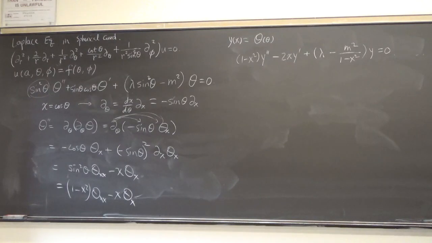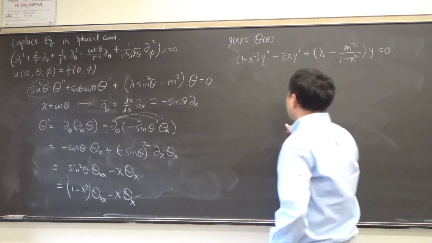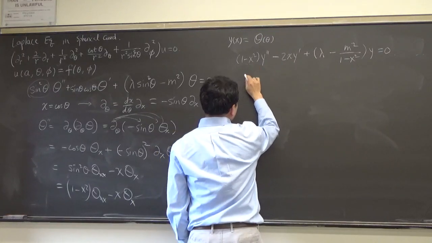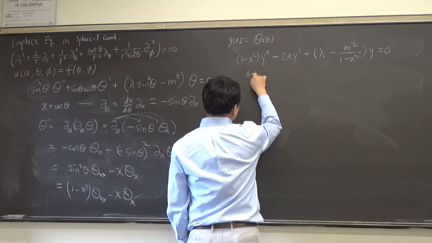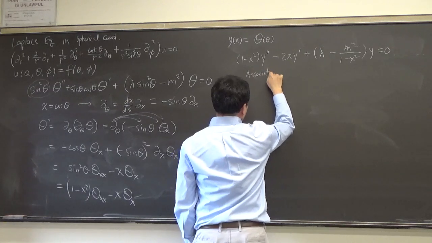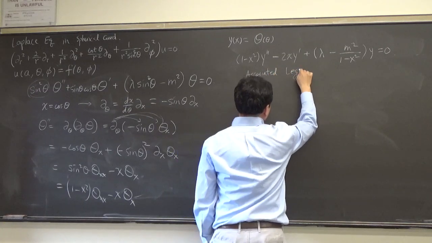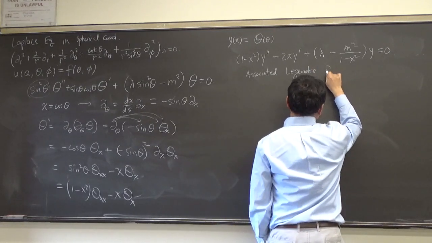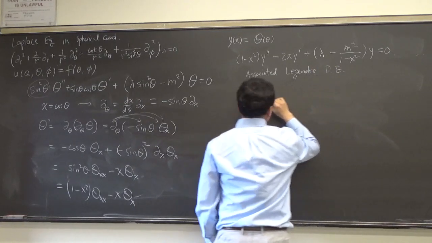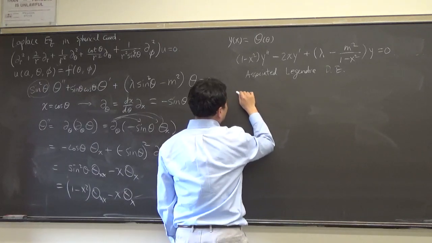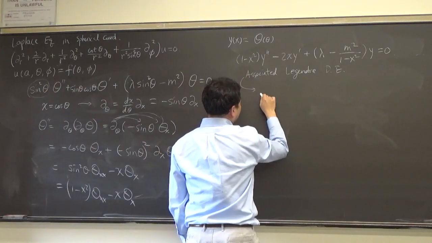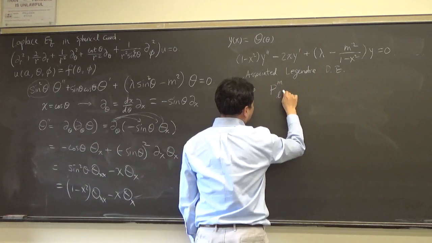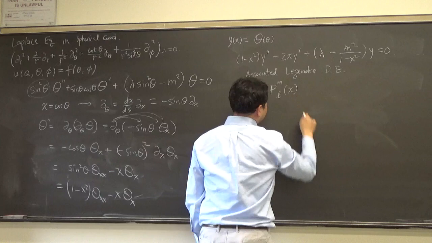And I explained that this equation has a name. This is called the associated Legendre differential equation, and its solutions are called P m l of x.